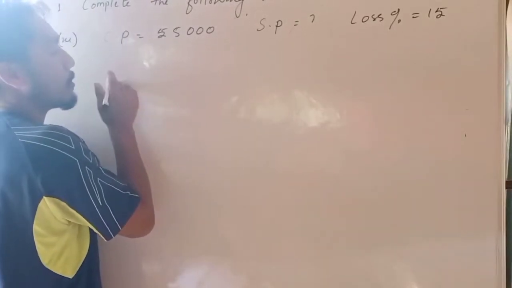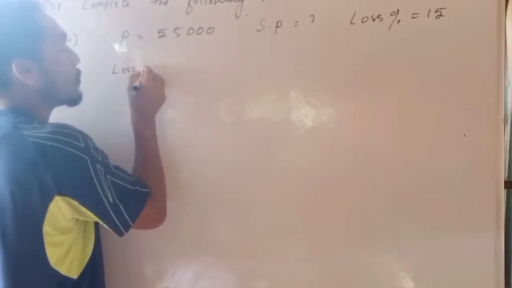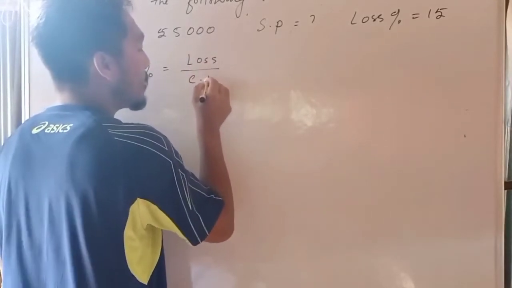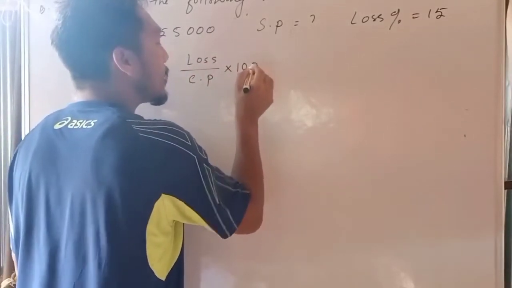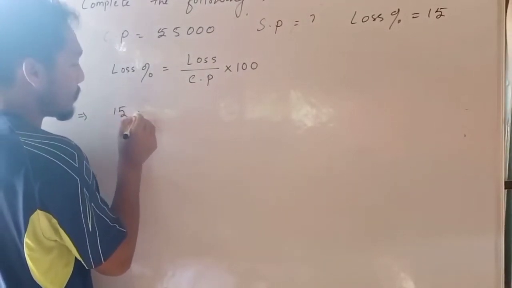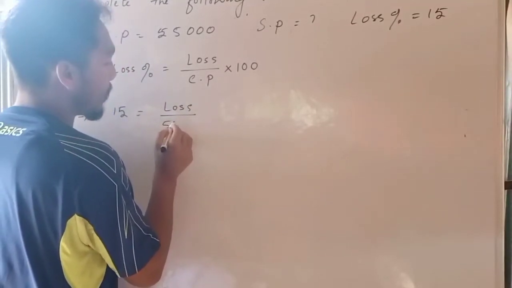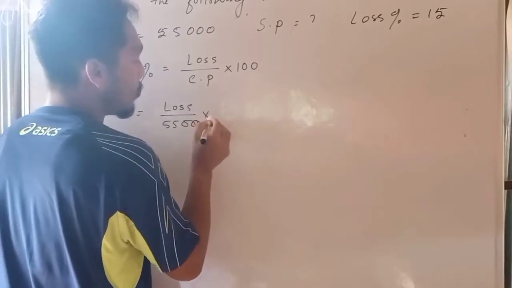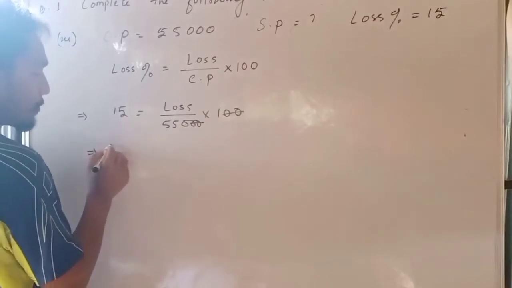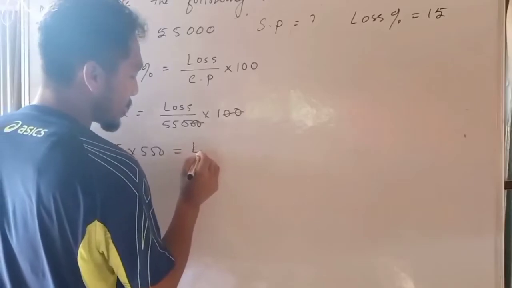We know loss percent is equal to loss divided by CP into 100. Loss percent is given as 15, loss is not given, and CP is 55,000, into 100. The zeros cancel, so 55 you send this side, 15 into 550, that is equal to loss.